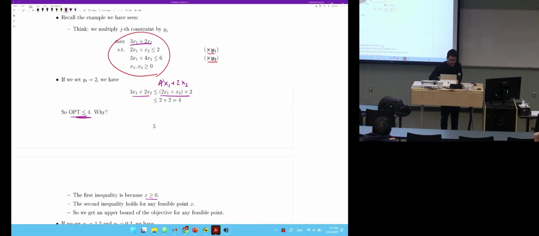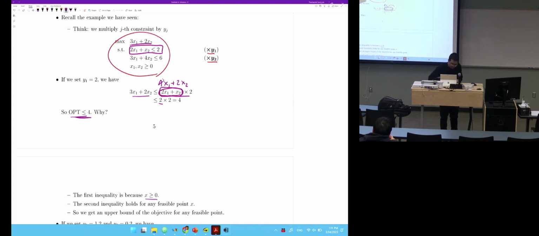Now you also know that as long as x is feasible, it must respect this constraint. So this thing is at most 2.